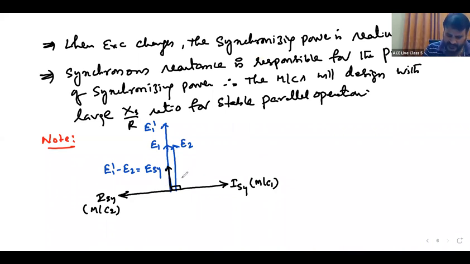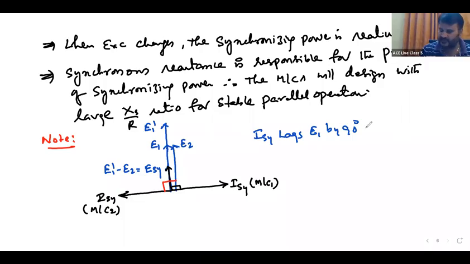With respect to machine 2, it is 90 degrees leading. Then ISY, from this, what did you understand? ISY lags E1 by 90 degrees.